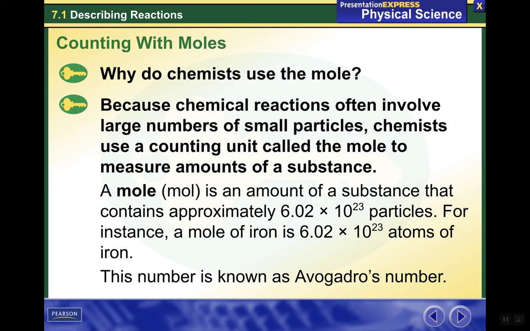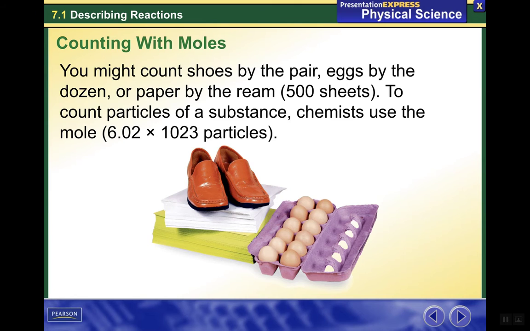That's called Avogadro's number. And so it's a lot easier to say 1 mole rather than 6.02 times 10 to the 23rd atoms. And that is why we use that number. It just makes measurement easier. So think of it like any other word that you use for a number. A dozen is 12.